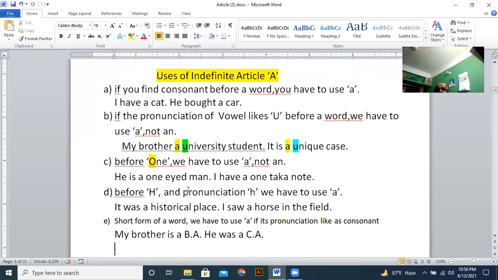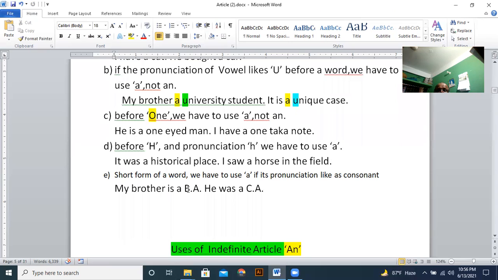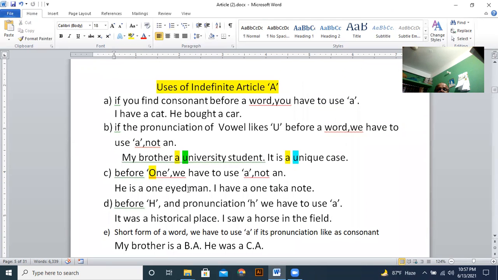He was a CA. Thus we have to use the article a. Have you any confusion, my dear students? Okay. I hope next time you will answer the question clearly. Basically, in articles there is the definite article and the indefinite article a or an.